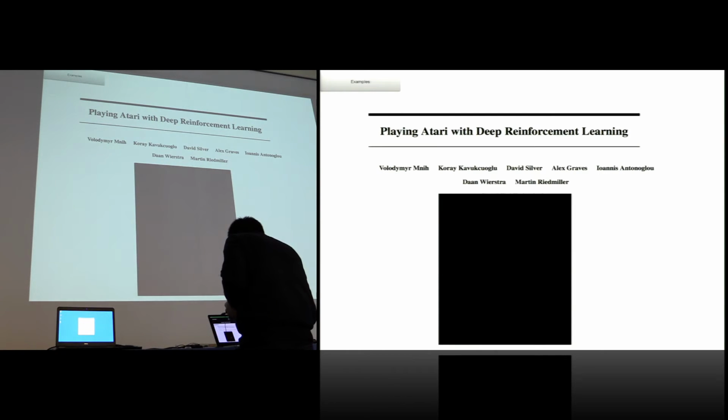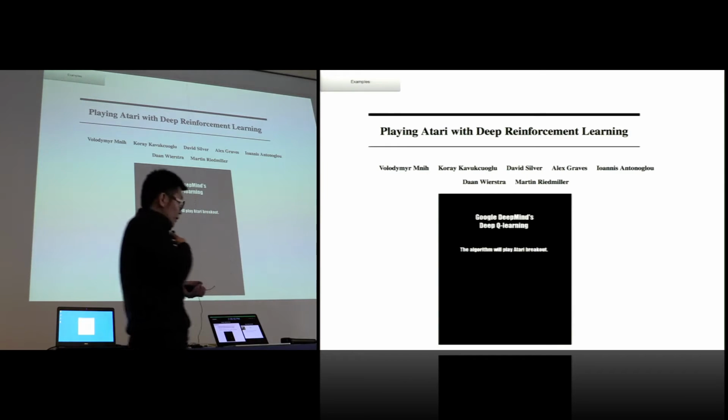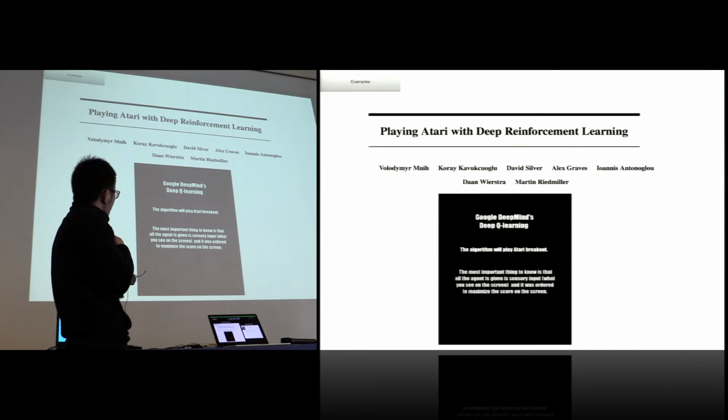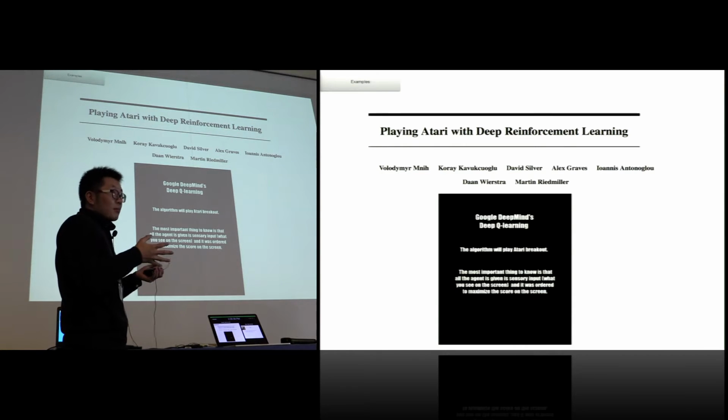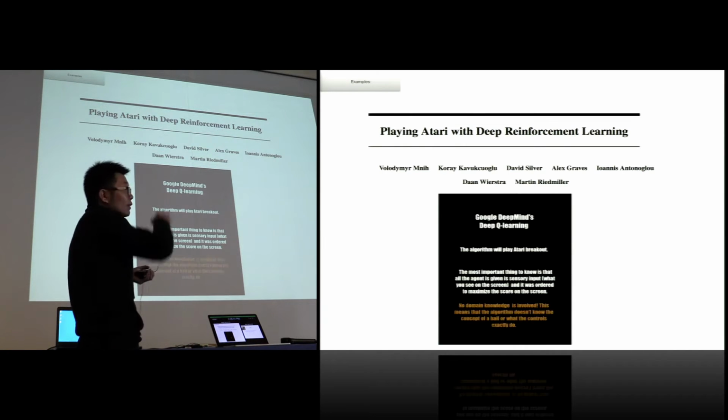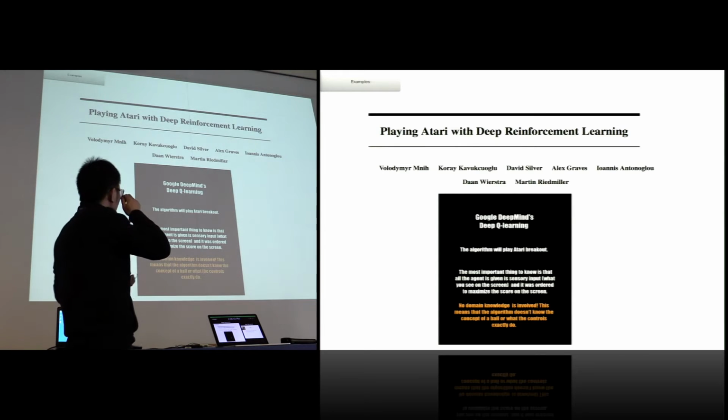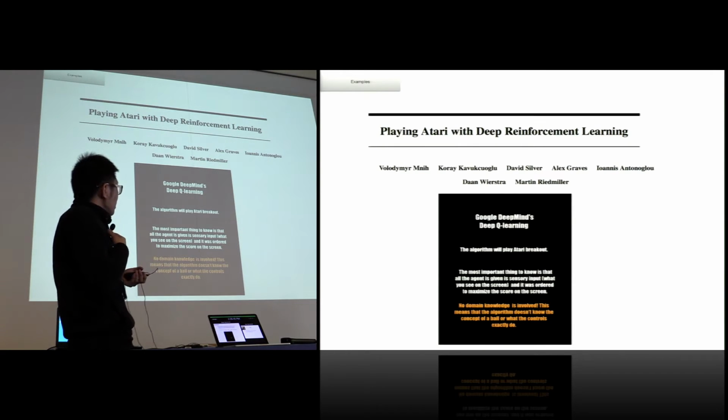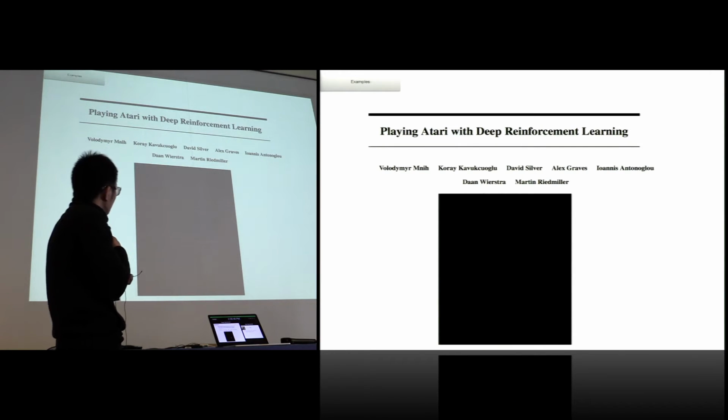This is a very short demo. Basically, it is given the raw images of the frames of the game and lets the computer figure out the strategy.